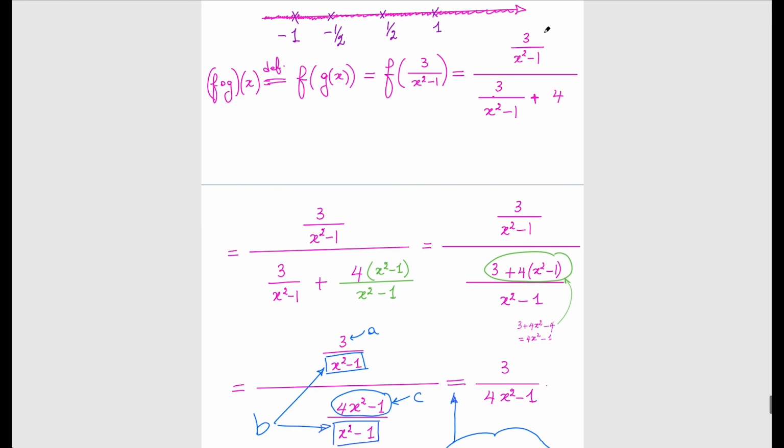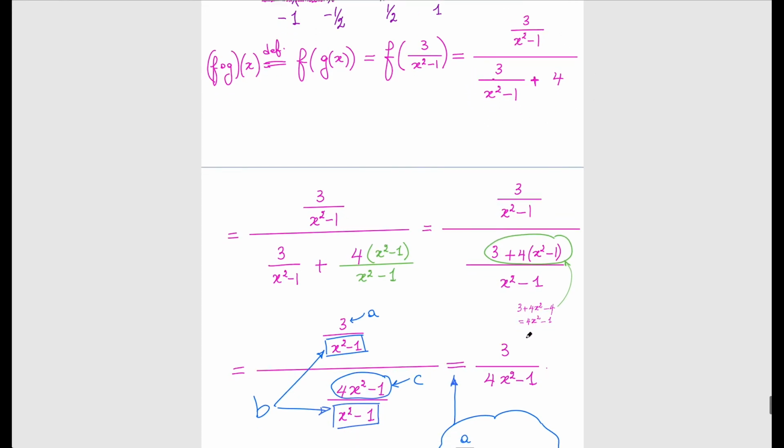This is the actual output of the composite function. This final recipe is just an embellished version of this, right? Assuming that this version exists, then you can simplify by x squared minus 1 in the process.